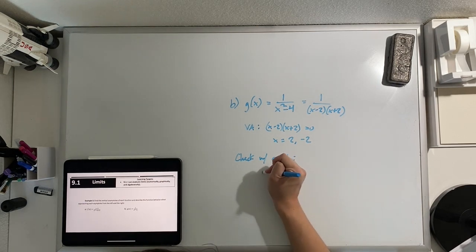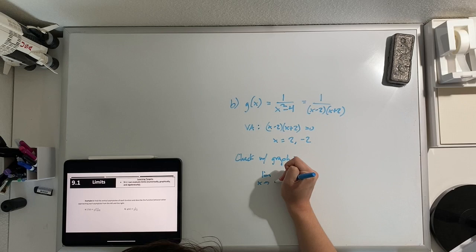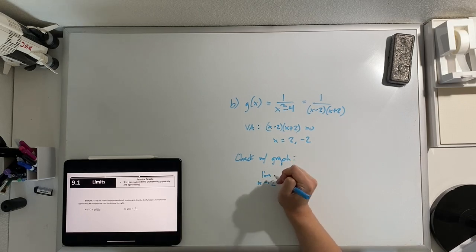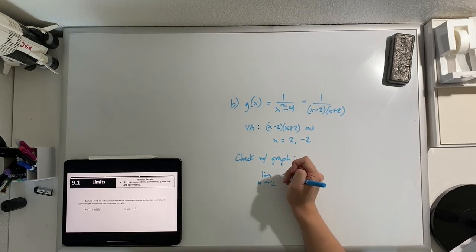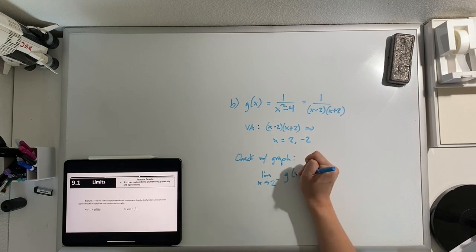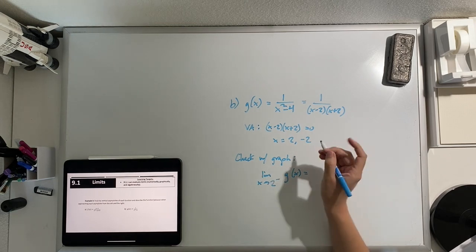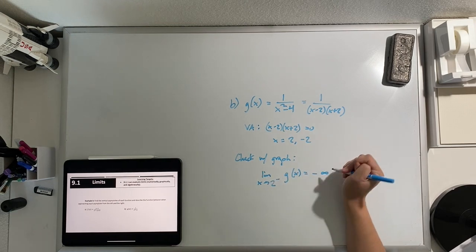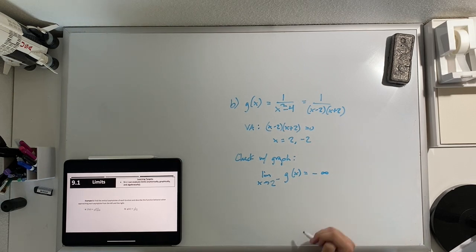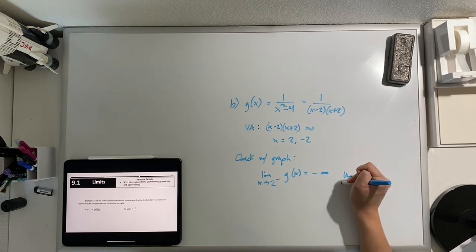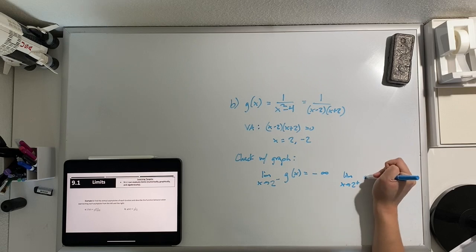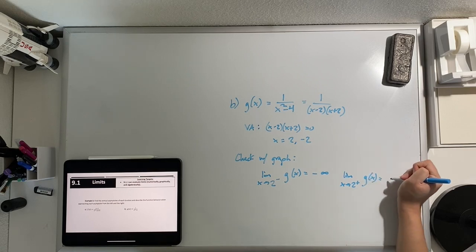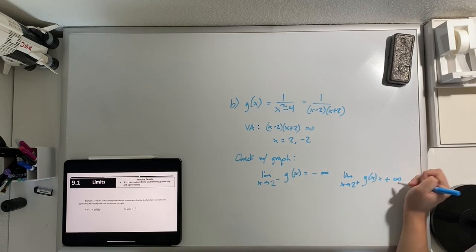So the limit as x approaches, let's start with positive 2, the limit as x approaches positive 2 from the left of g of x, and checking on our graph, we see that that goes to negative infinity. The limit as x approaches positive 2 from the right of g of x approaches positive infinity.